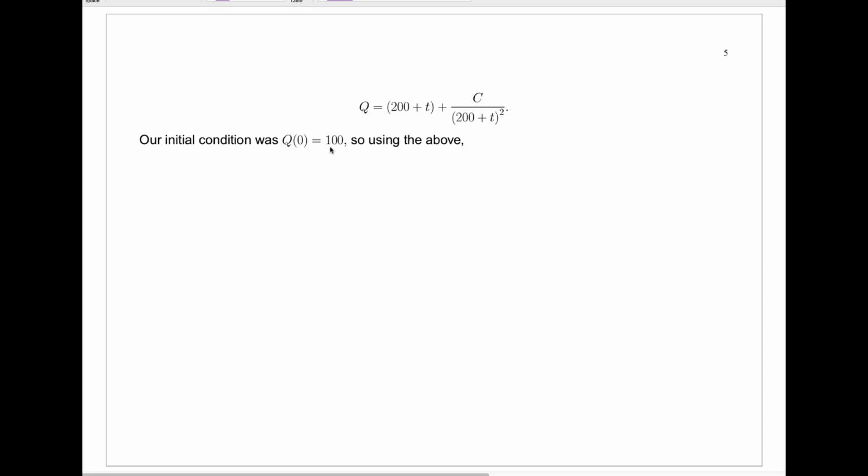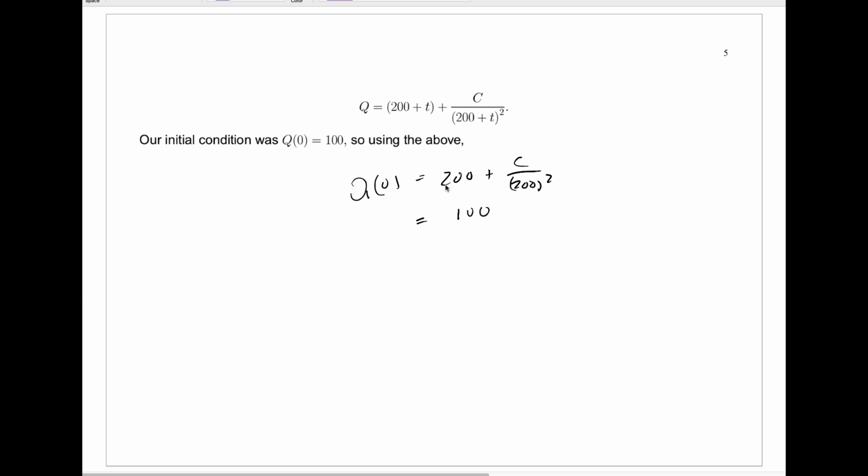Our initial condition, in order to solve for c, we use our initial condition, q of 0 is 100. So what is q of 0? Plugging in t equals 0, q of 0 is (200 plus c over 200) squared, and this must equal 100 by the initial condition.